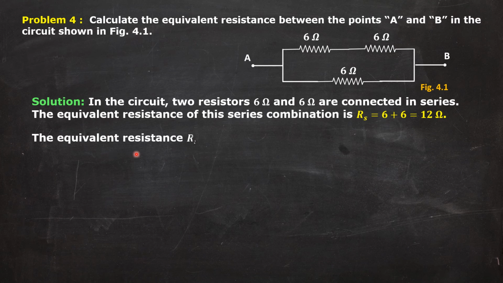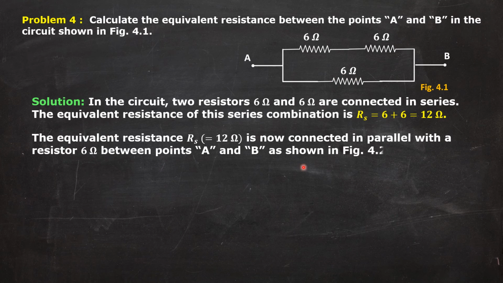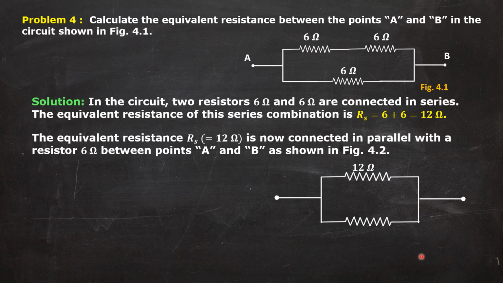The equivalent resistance Rs equal to 12 ohms is now connected in parallel with a resistor of 6 ohms between points A and B as shown in the figure. So if I remove these two resistors and connect only a single 12 ohm resistor, this figure takes the form like this: 12 ohms and 6 ohms.